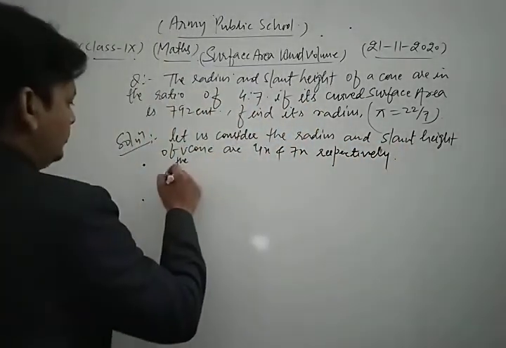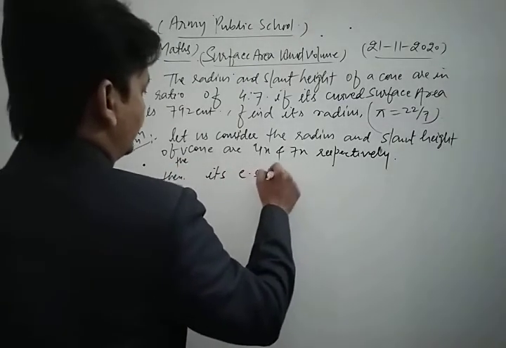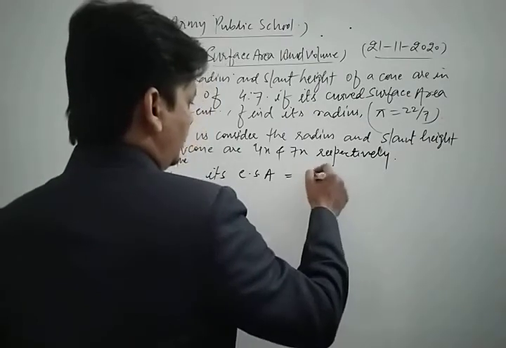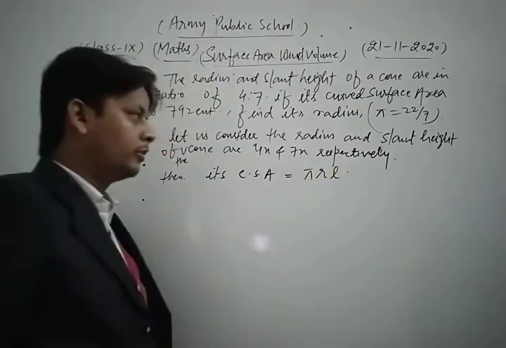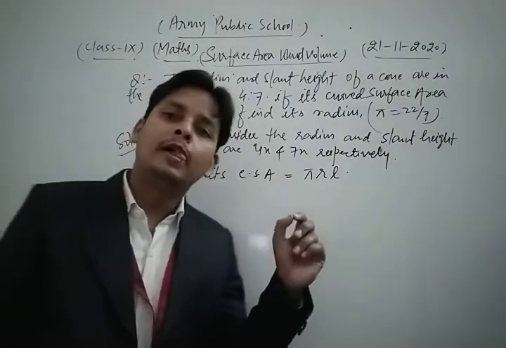Then its curved surface area is pi r into l. This is the formula for the curved surface area of the cone.